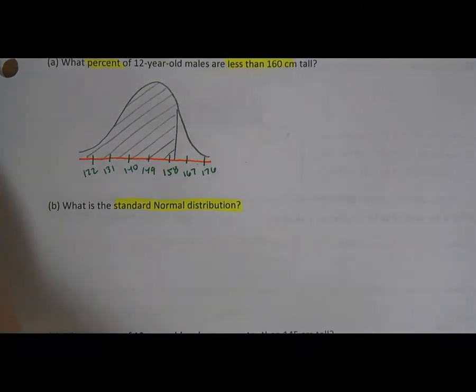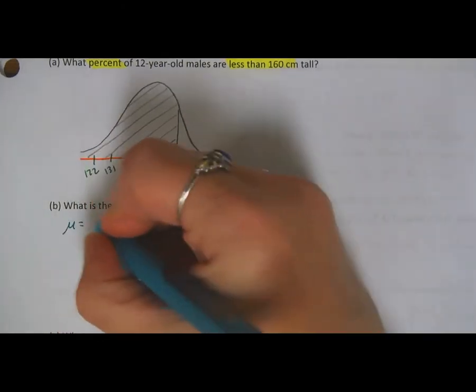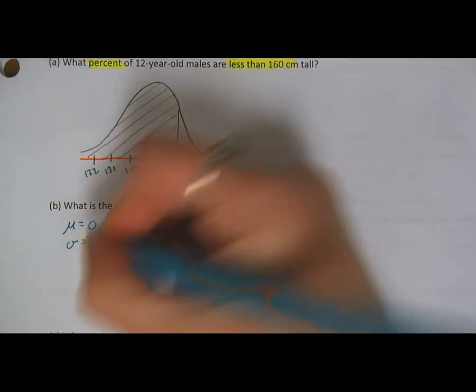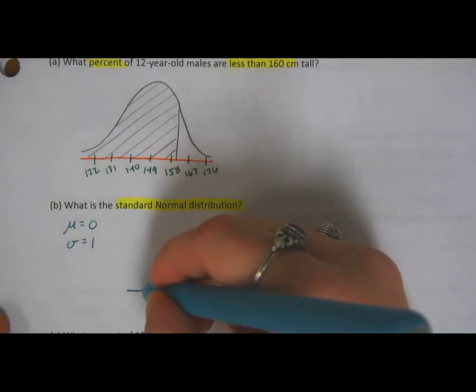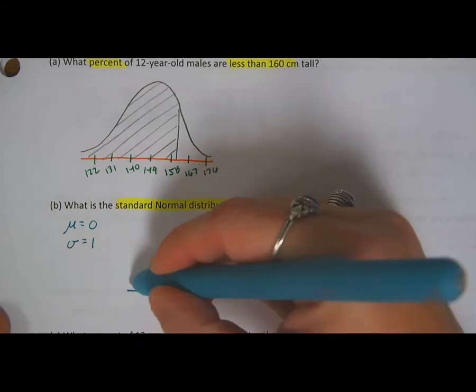There's something called the standard normal distribution. And it's going to be your friend because no matter what, if you take a distribution and you standardize everything, and we touched on this in the last set of notes, the mean is always 0, and the standard deviation is always 1 on a standard normal distribution.